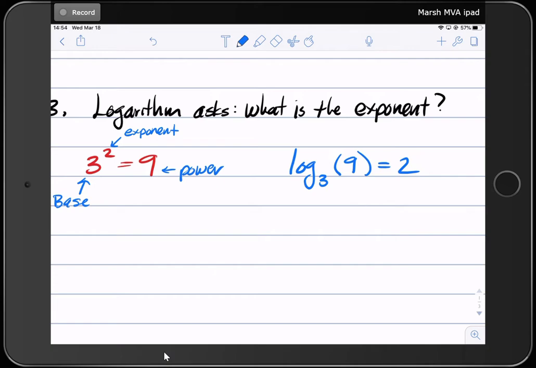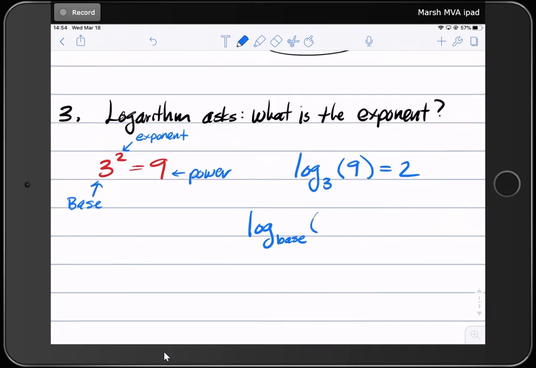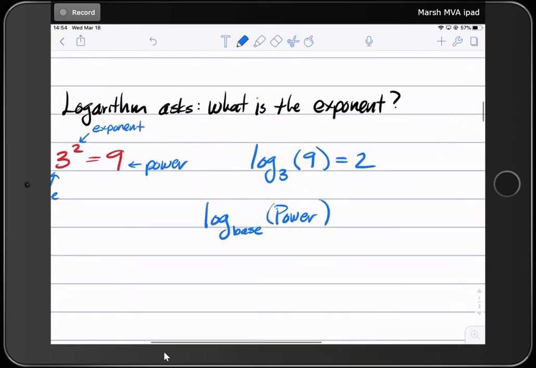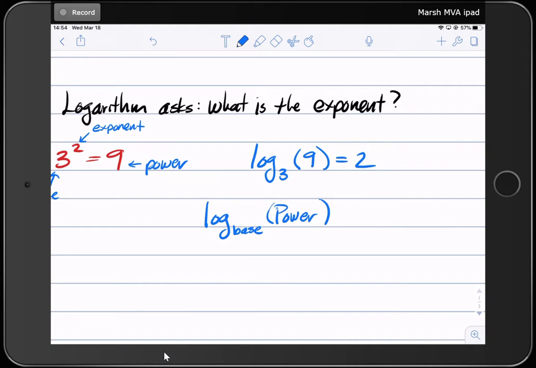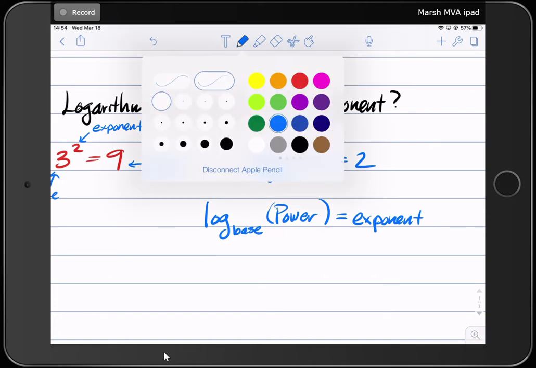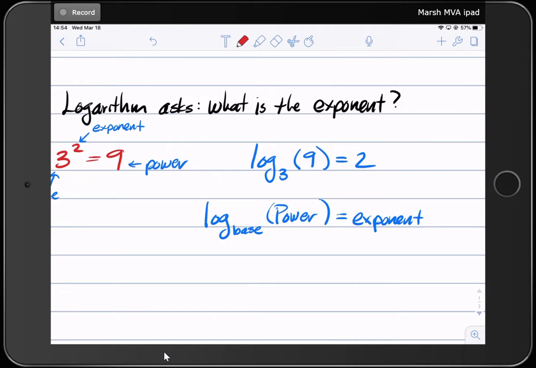So to write this out in words, we would get log, the base goes there, power is what is inside the parentheses there. That's what you're taking the logarithm of, and that equals the exponent. So now, if you were to say this out loud, log base 3 of 9 is 2.